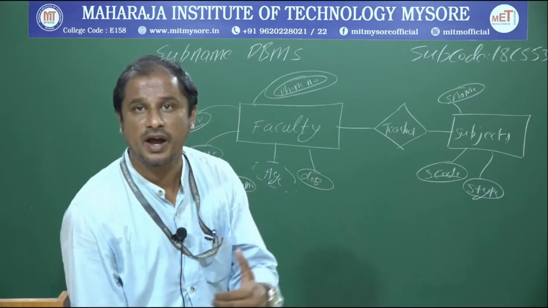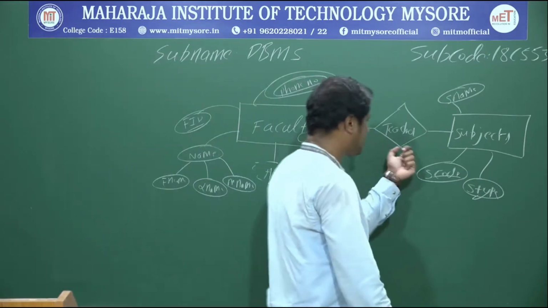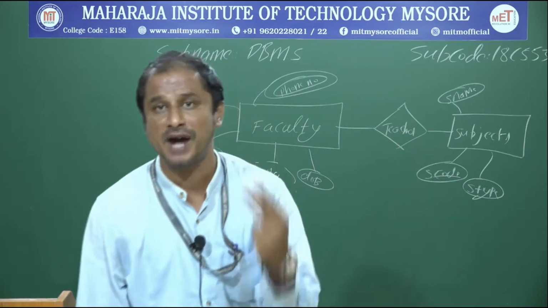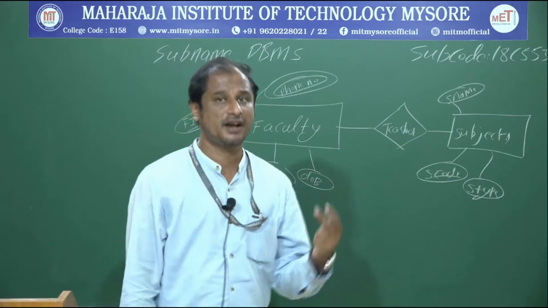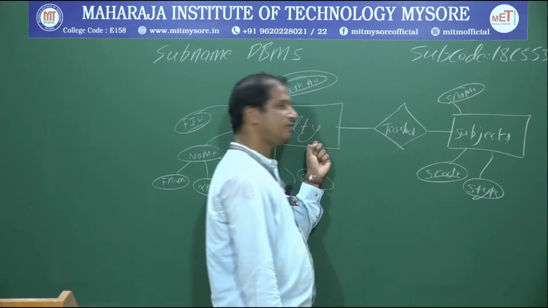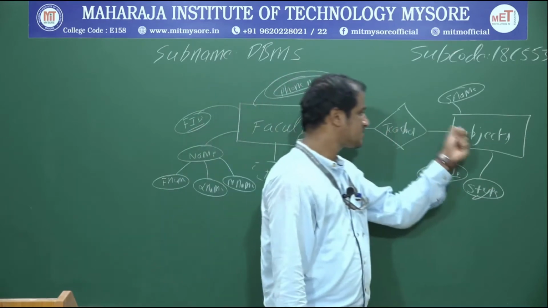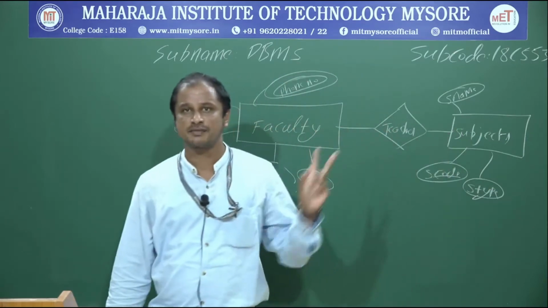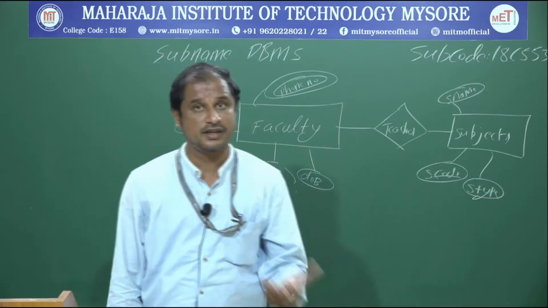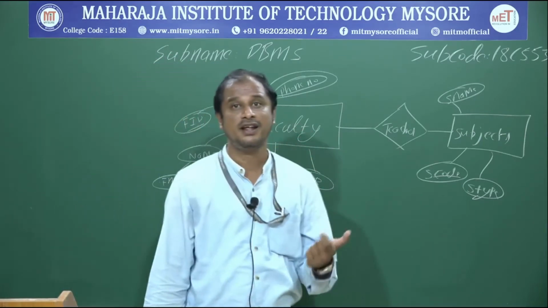Here the relationship is represented with the diamond symbol. I told you there are two types of relationship, one is binary relationship, another is ternary relationship. So here faculty teaches subjects. It is a binary relationship because it has only two entities. If I go for three entities, then it would be a ternary relationship.